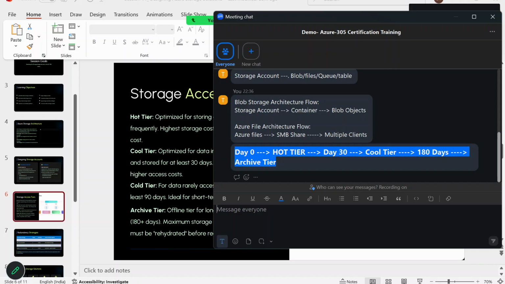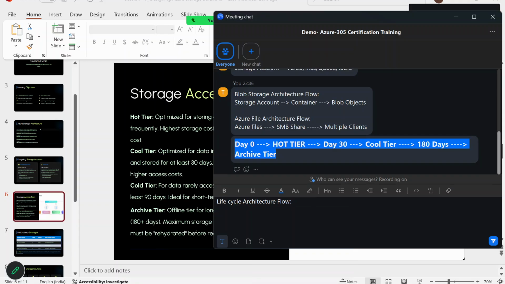Okay. So what is the lifecycle management architecture flow? It looks like this: blob data goes to lifecycle rules, then it goes to automatic tier movement.